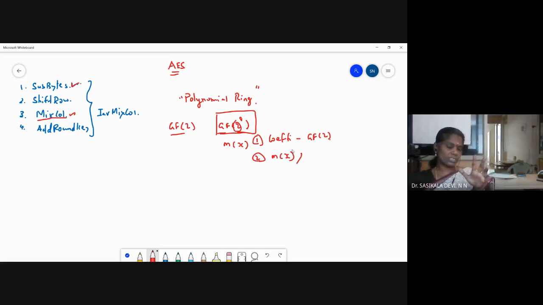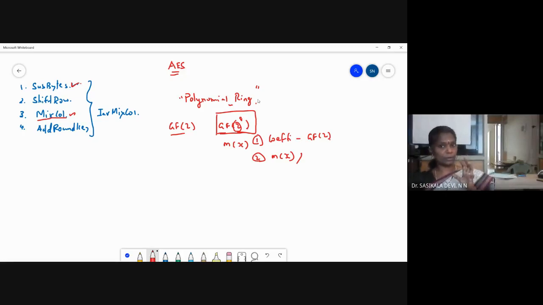So coefficient operations are based on GF(2), and entire polynomial addition and group operations are based on m(x). What is a polynomial ring? In a polynomial ring, the coefficient additions, coefficient multiplication, everything is based on GF(2^8). So the coefficient itself is a polynomial.